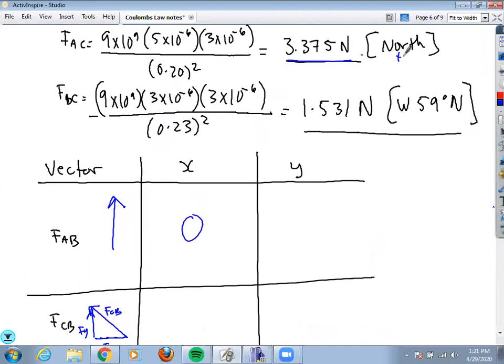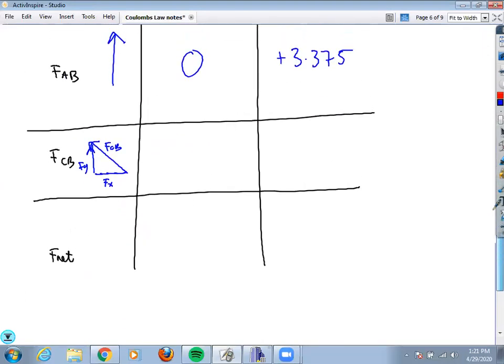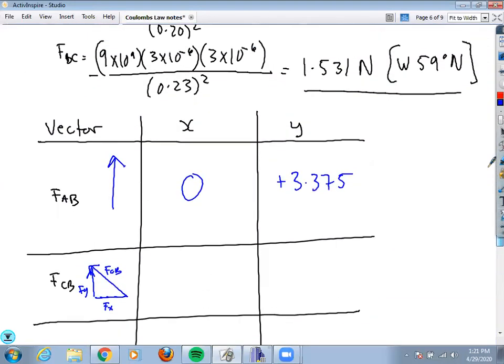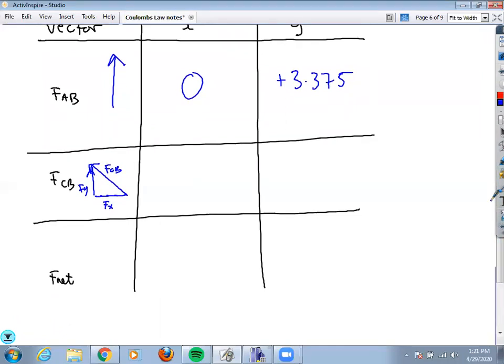So north is positive. So positive 3.375. FCB. So our theta is here. Our x is going to the left, so it's negative, and our y is going up north, so it's positive.